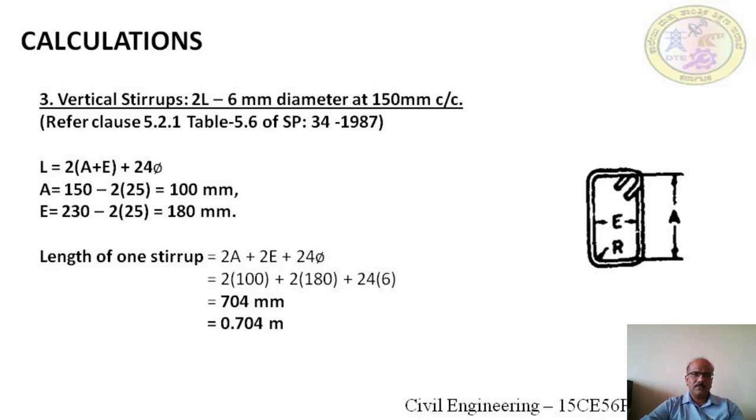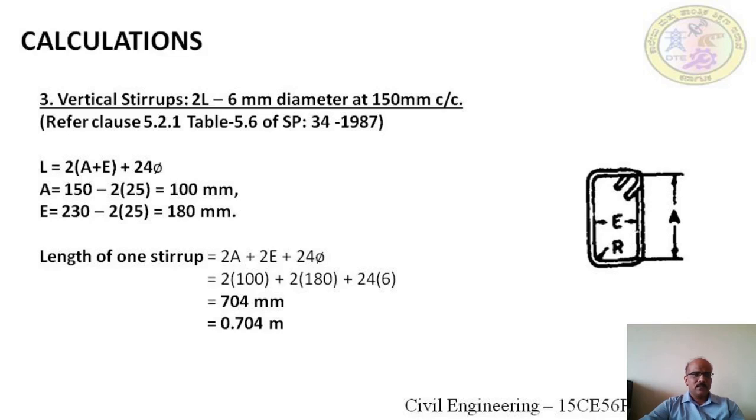Usually the cover is provided to the main reinforcement, and that cover has to be deducted. Then you have to calculate A and E, which is given in SP 34, Standard of Practice 34, 1987. You can refer there, table number 5.6 it is given.